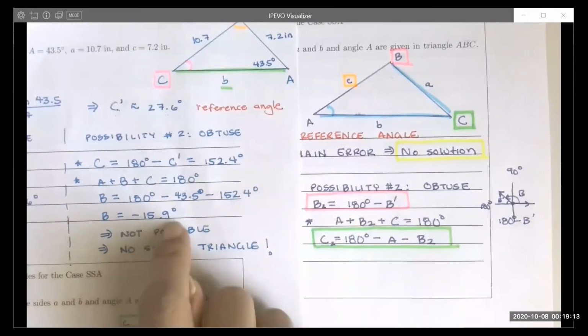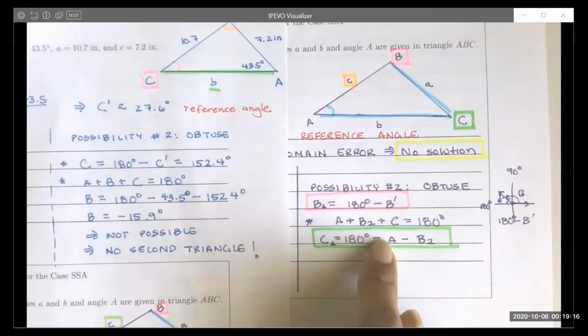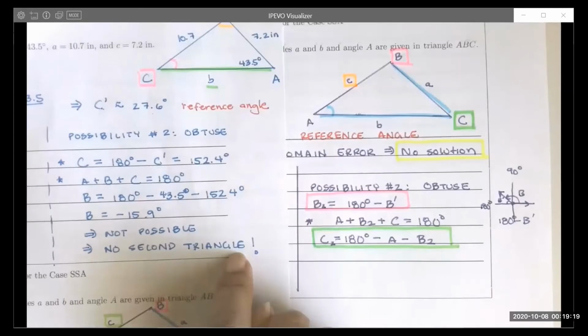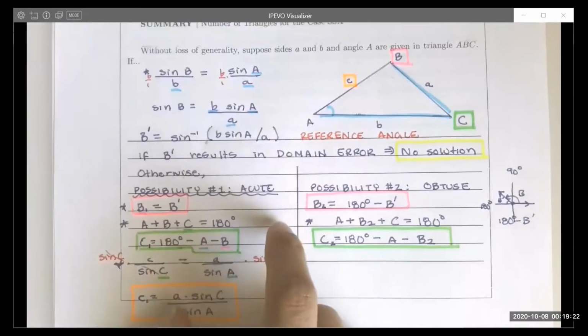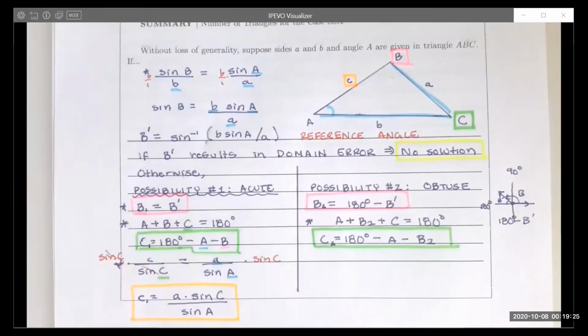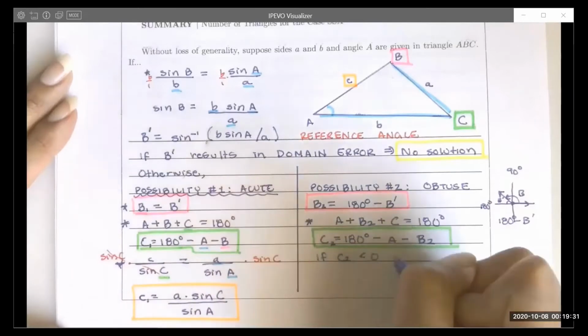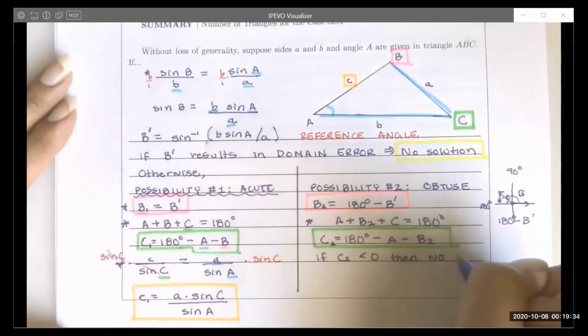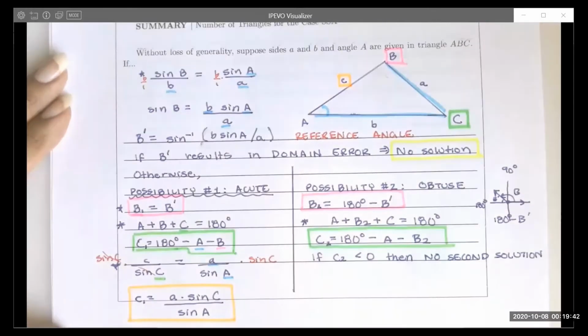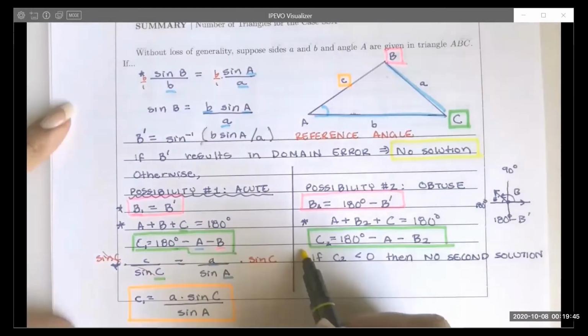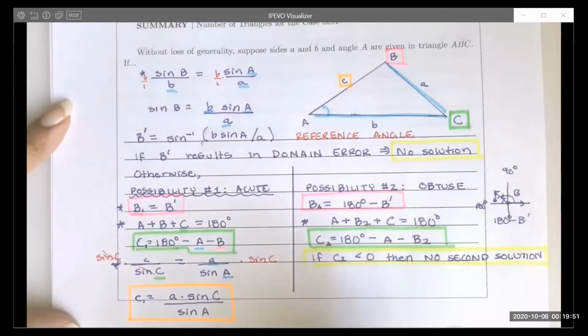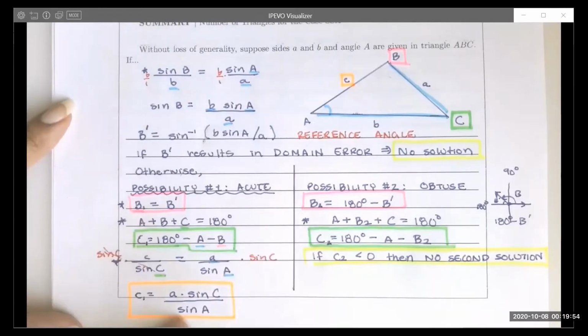So if you get a negative angle at this point, then a second triangle solution is not possible, which means you only get one solution, the acute angle. So I'm going to write that here. If C2 is negative, then no second solution. I'll highlight that because that is important. That means that we would only get this one possibility.